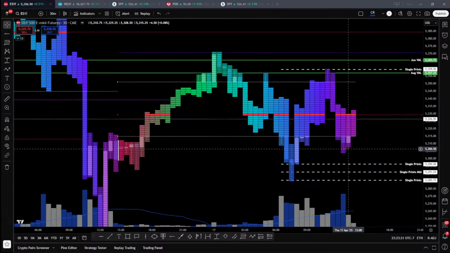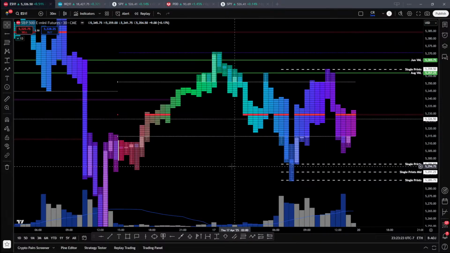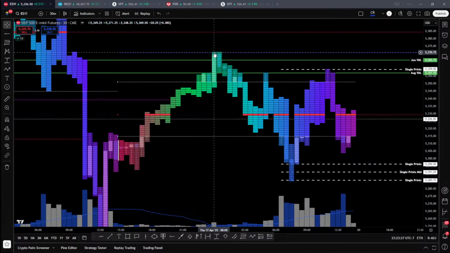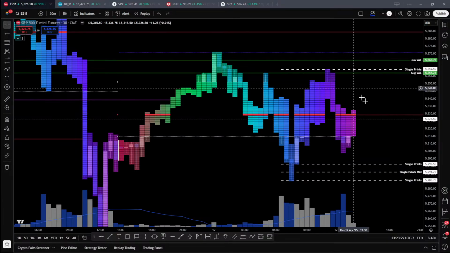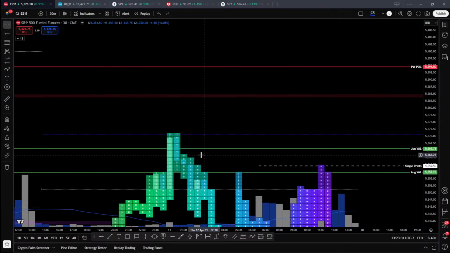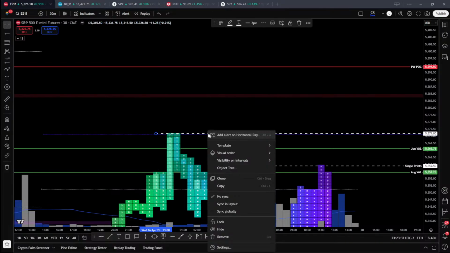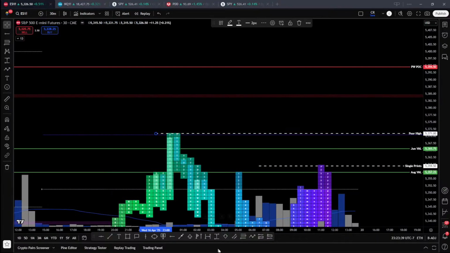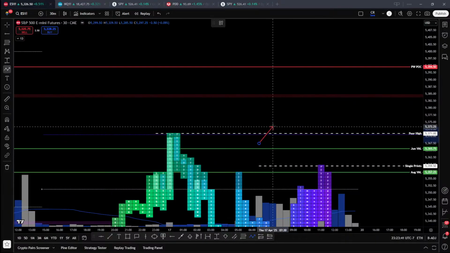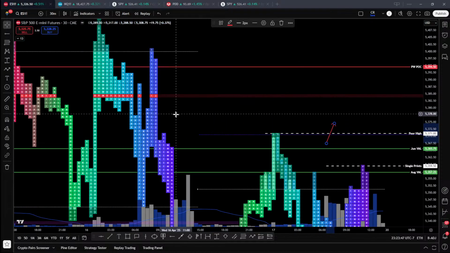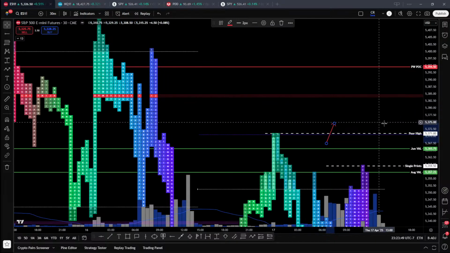So when we're looking at TPO, we're looking for our poor highs like we have here. This is a poor high. When we have poor highs, when price comes back to it, we would expect it to break through and go a little bit higher. I always try to find where I think it'll go if we break through.